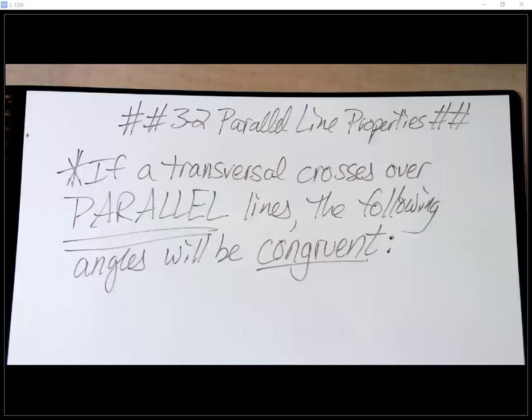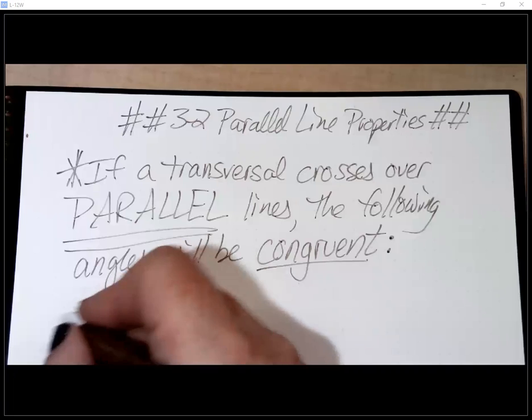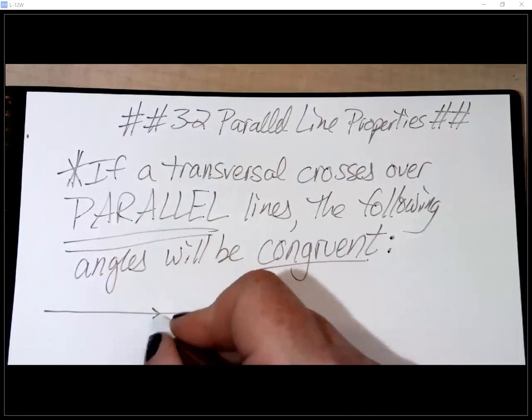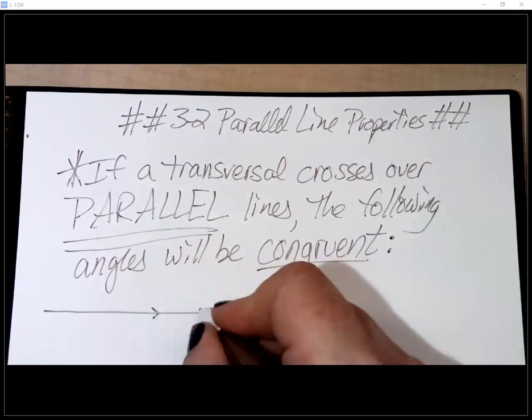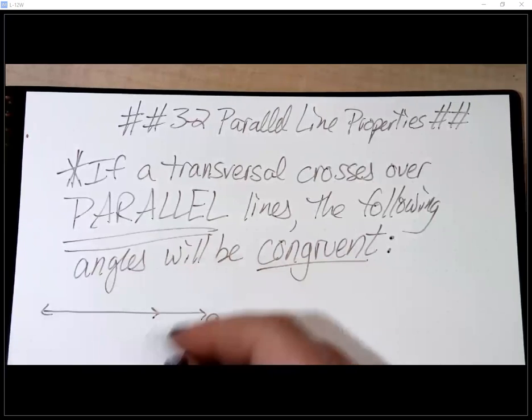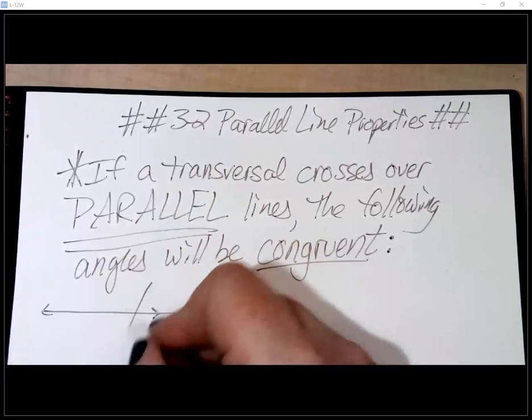Okay, so I'm going to draw a picture. So if I know that these lines are parallel, let me give them some names. Let's say that's line A, line B, and I've marked them as parallel. And now I have transversal T over here.